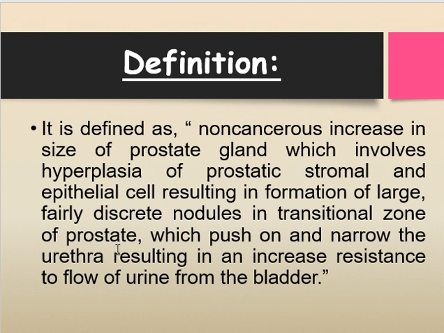And the transitional zone, you saw, is very near to your urethra. So it pushes on and narrows the urethra. Once it increases in size, the urethra is compressed, and there is increased resistance to the flow of urine from the bladder.